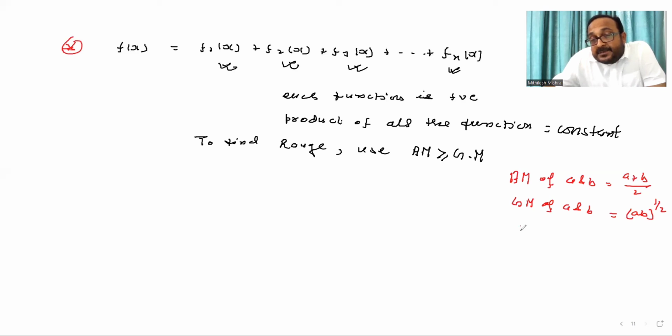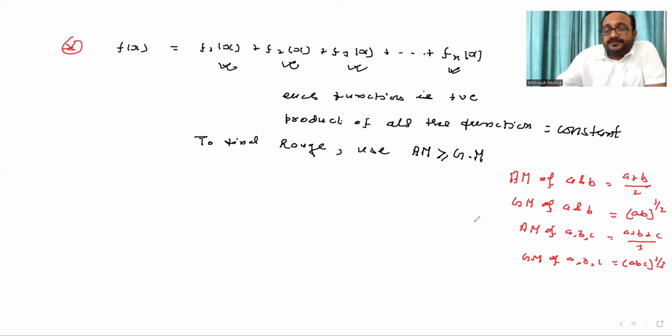Suppose there are 3 terms, arithmetic mean of a, b, c will be a plus b plus c upon 3, and geometric mean of a, b, c will be abc to the power 1 by 3. So you use this formula: arithmetic mean is always greater than or equal to geometric mean.